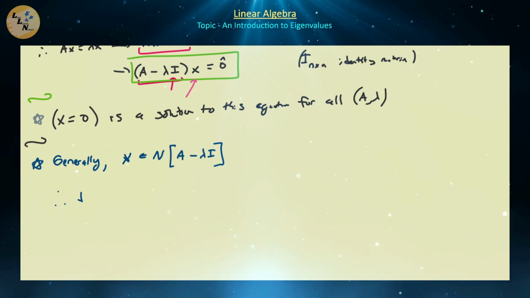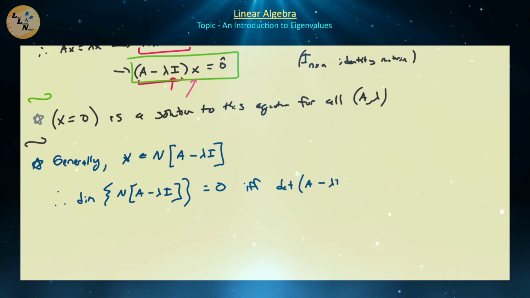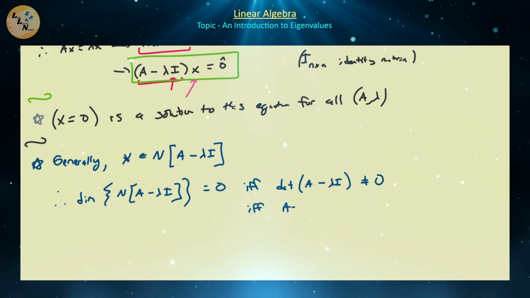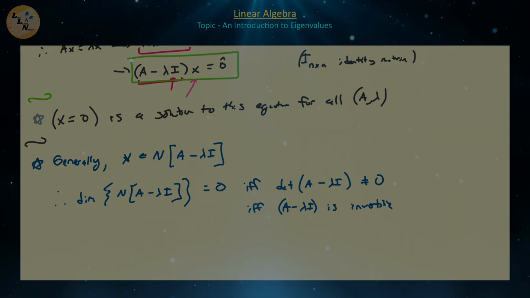Therefore, we can conclude that the dimension of the null space of the matrix A - λI is equal to 0 if and only if the determinant of A - λI is not equal to 0, i.e. if and only if A - λI is invertible, i.e. non-singular.